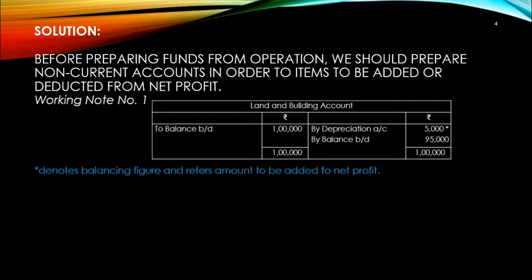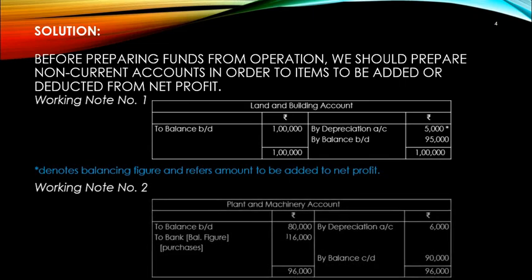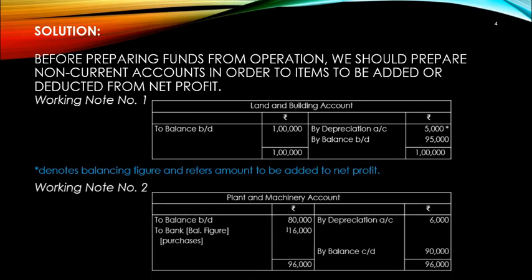It denotes the balancing figure and refers to amounts to be added to net profit. Working note number 2 is for plant and machinery account. The opening balance of plant and machinery is rupees 80,000, the balance brought down from the balance sheet. In the adjustment they say depreciate plant and machinery rupees 6,000.